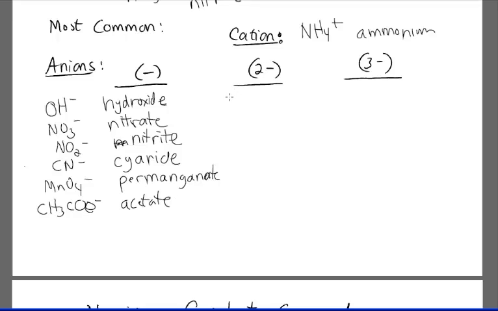In the 2- category, we have CO3 2-, which is carbonate. We have SO4 2-, which is sulfate. Another similar one has one less oxygen, just like nitrate and nitrite: this is sulfate and sulfite.